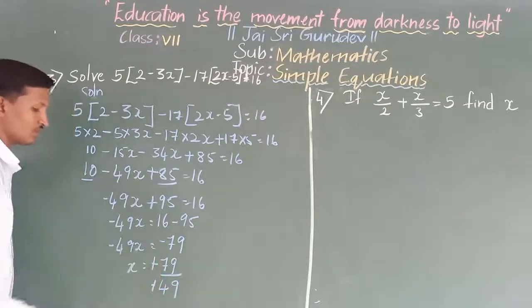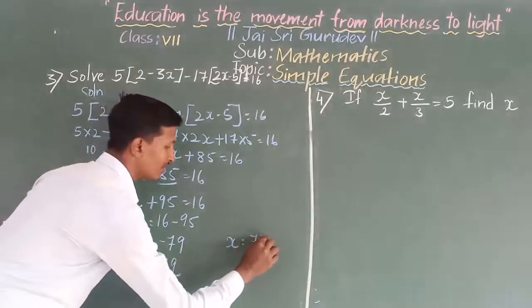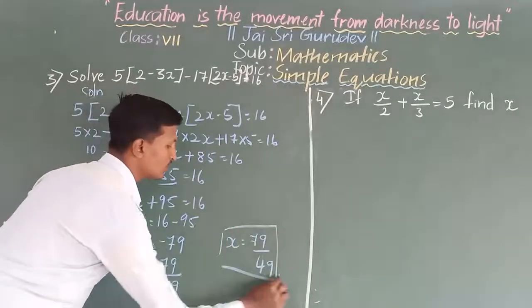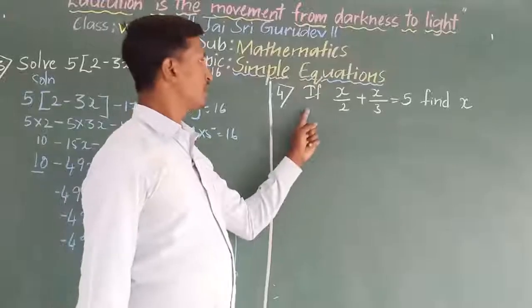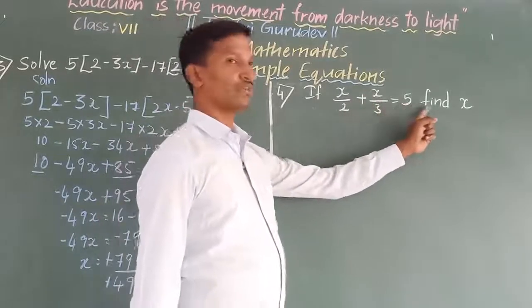Minus minus becomes positive. x = 79/49. Have you understood?